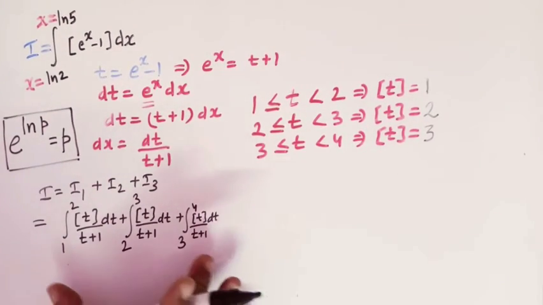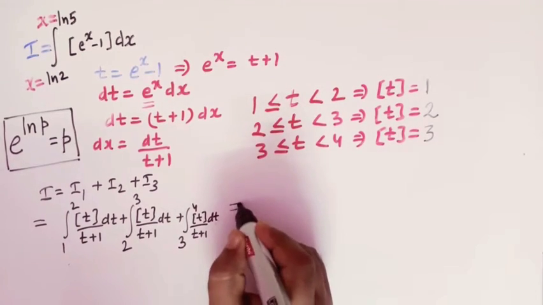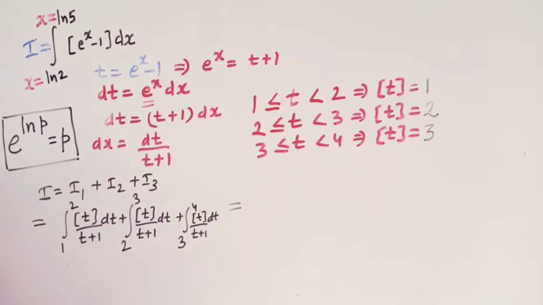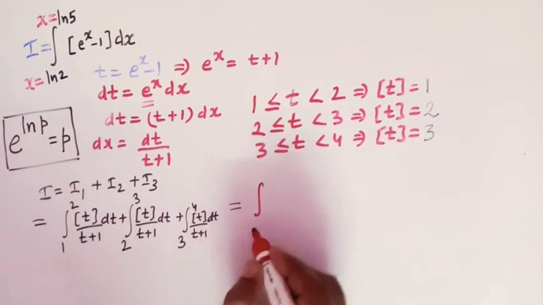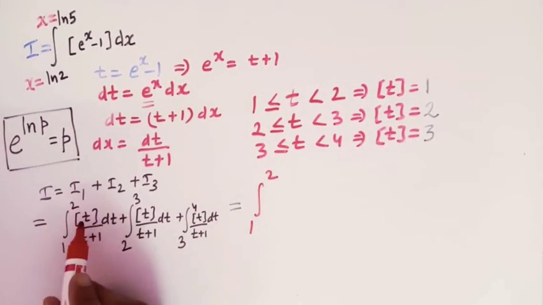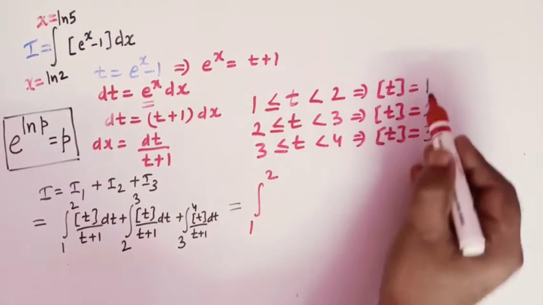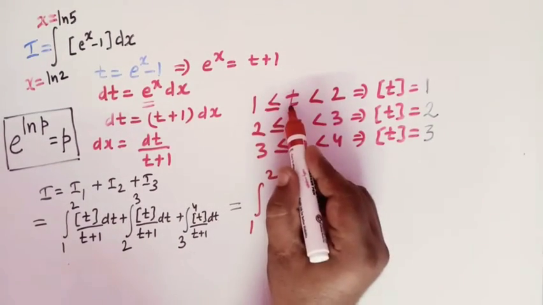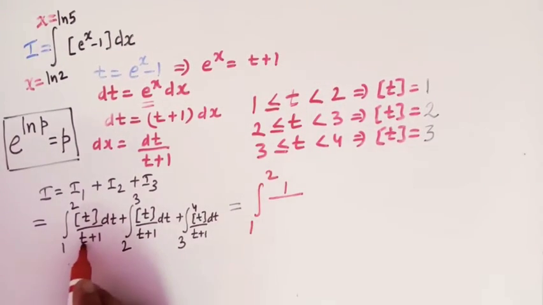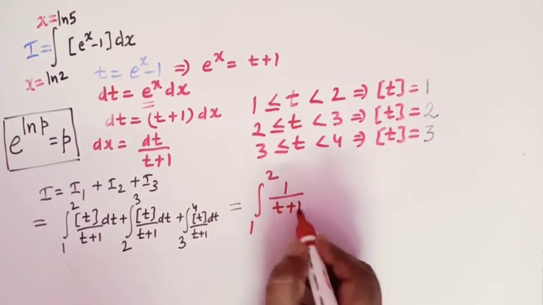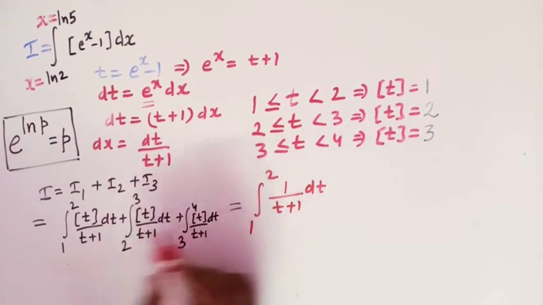So now these three integrals can be rewritten as, so I1 is from 1 to 2, and the value of the greatest integer t is 1 because t lies between 1 and 2. So here we have 1, and in the denominator we have t plus 1, and here we have dt.